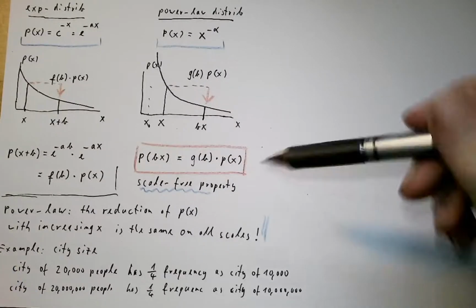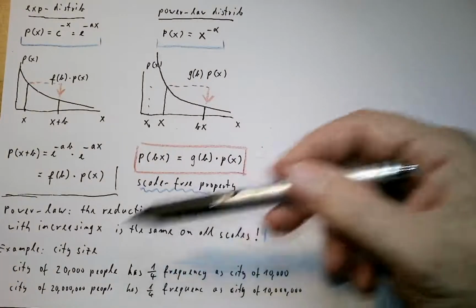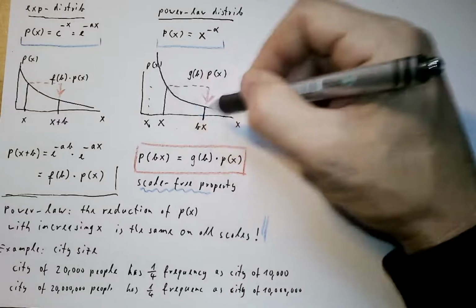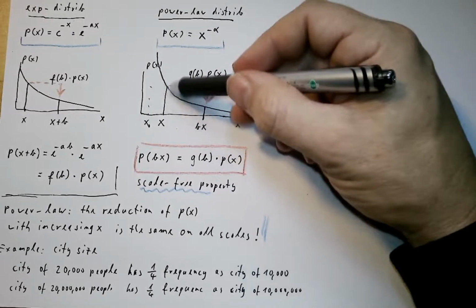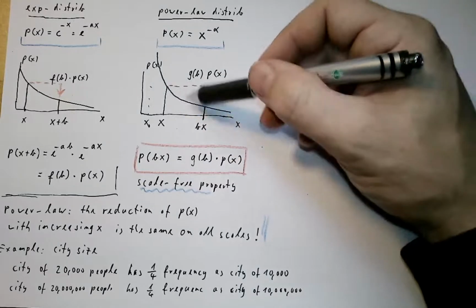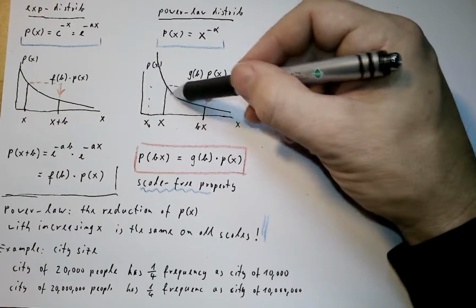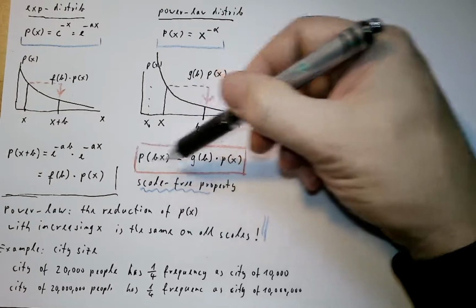So now this means this decay that we have is the same on all scales. It doesn't matter if you're speaking about 10,000 or 10 million, it doesn't matter. Always the reduction is the same if we scale everything.